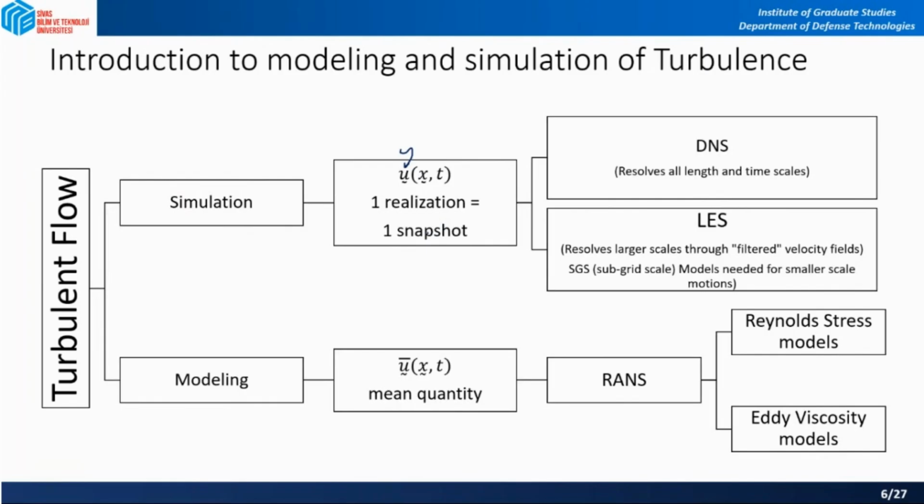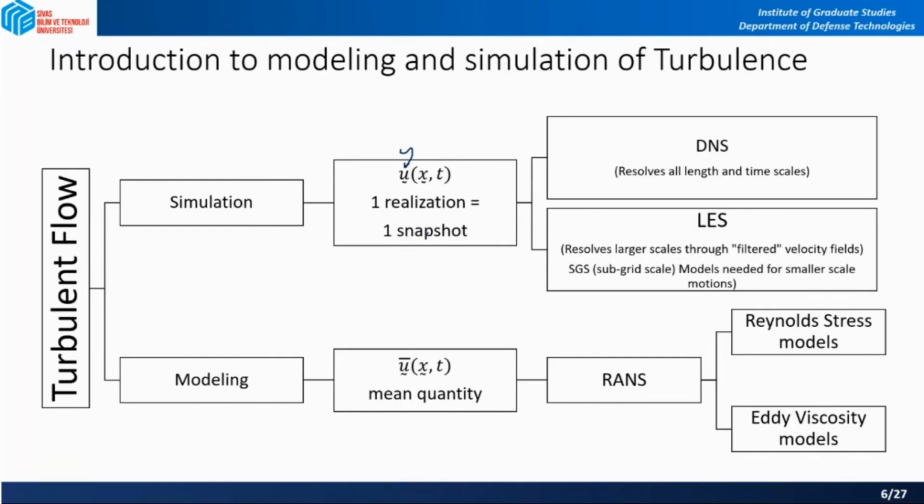And if you want to obtain the average of the flow field, for example, you may want to compare with experiments, and the experiments are mostly average data. Then you need to take the whole simulation duration and average it to obtain the average flow field.